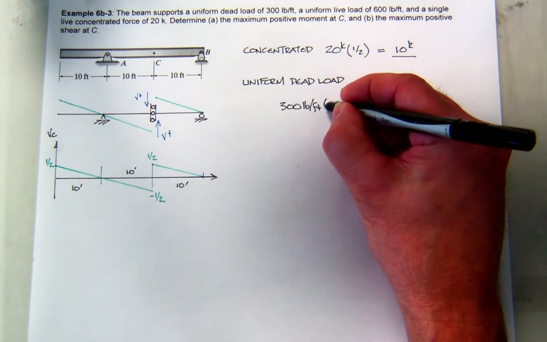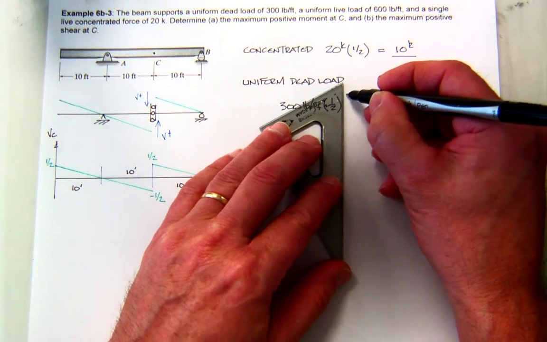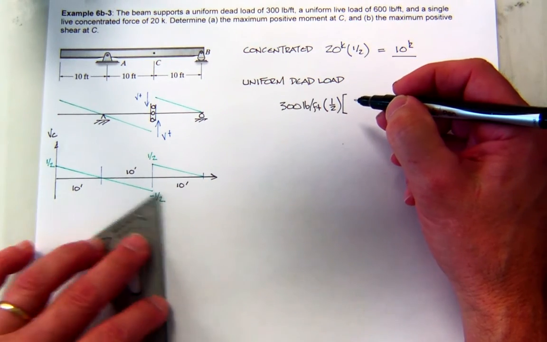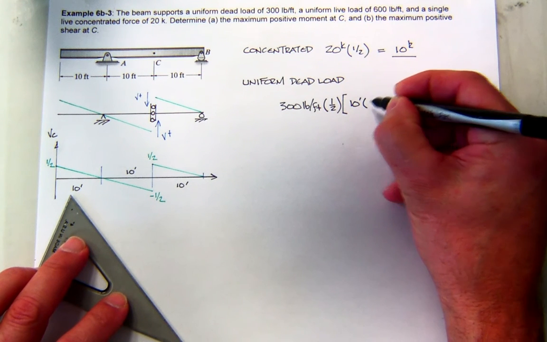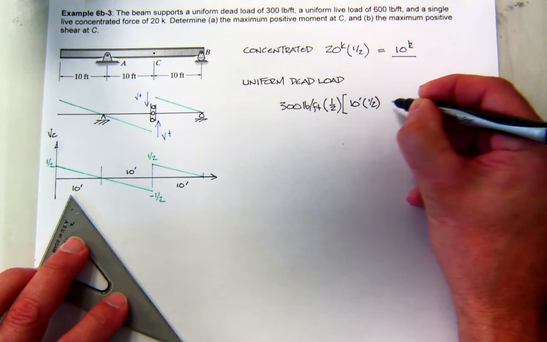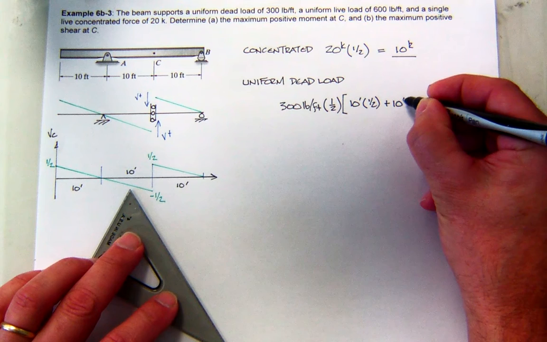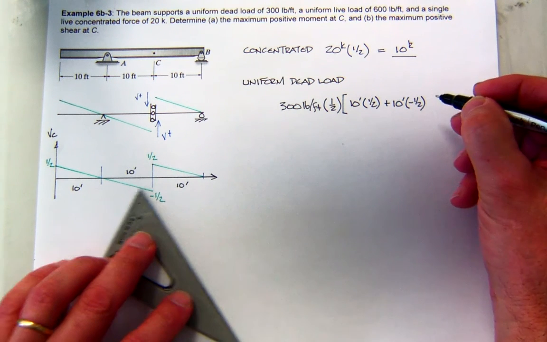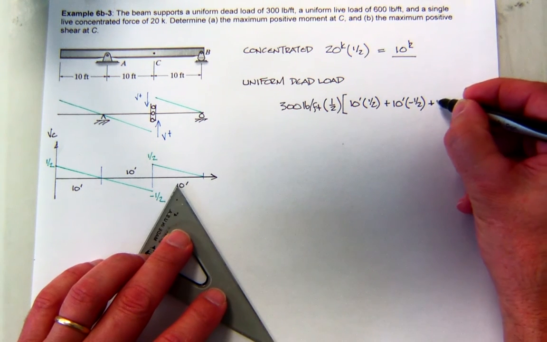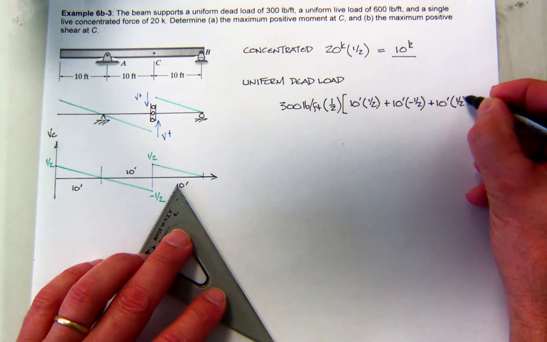So I'll put the 1/2 on the outside, 1/2 base times height, and work my way from left to right. Starting here has a base of 10 and a height of 1/2. Then this one has a base of 10 and a height of minus 1/2. And the third one is a base of 10 and a height of positive 1/2.